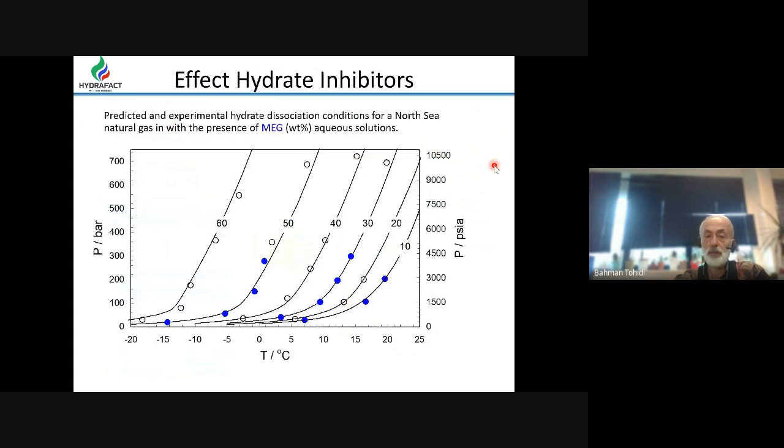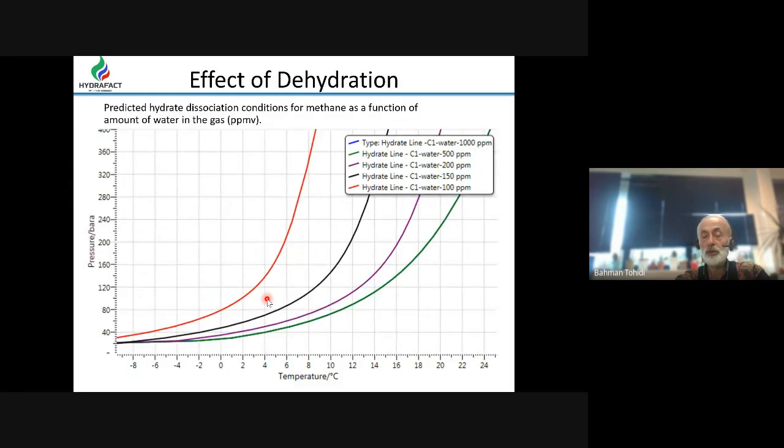This is an example where we have used different concentrations of inhibitor, and we can use something similar to HydraCHEK. Even if we don't have a water sample, from the water in the gas phase, we can predict the hydrate phase boundary. So in effect, we don't need water. But if we have a water sample, it is more accurate.